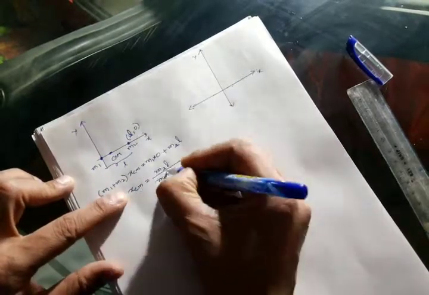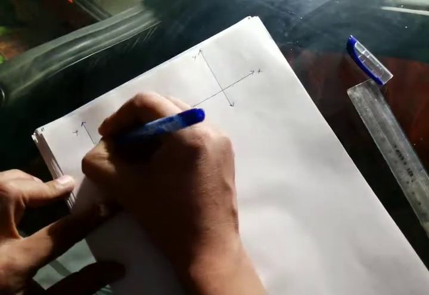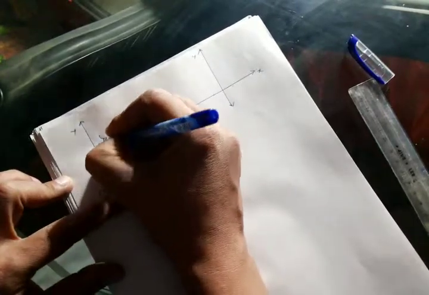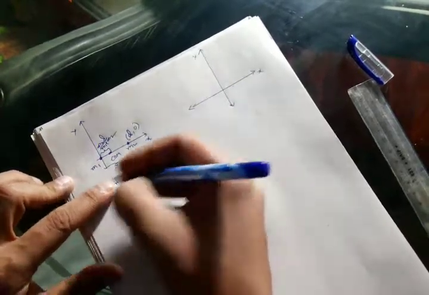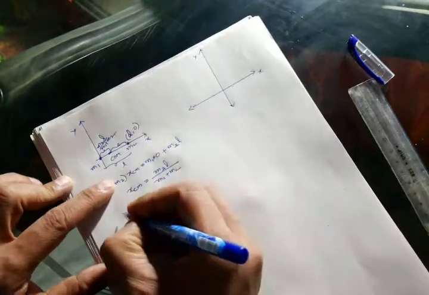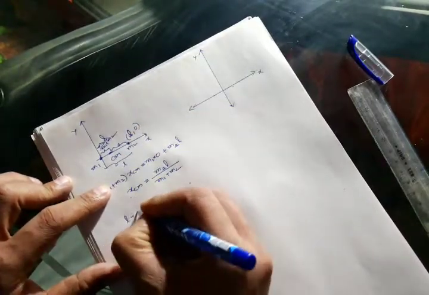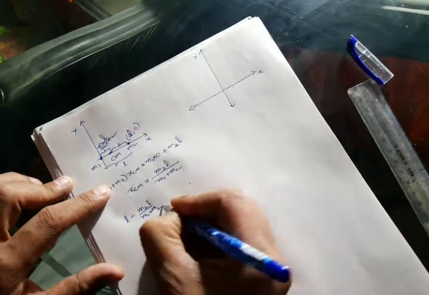and the distance of this from m1 will be m2L over m1 plus m2. Now what would be the distance from m2? That would be L minus m2L over m1 plus m2.